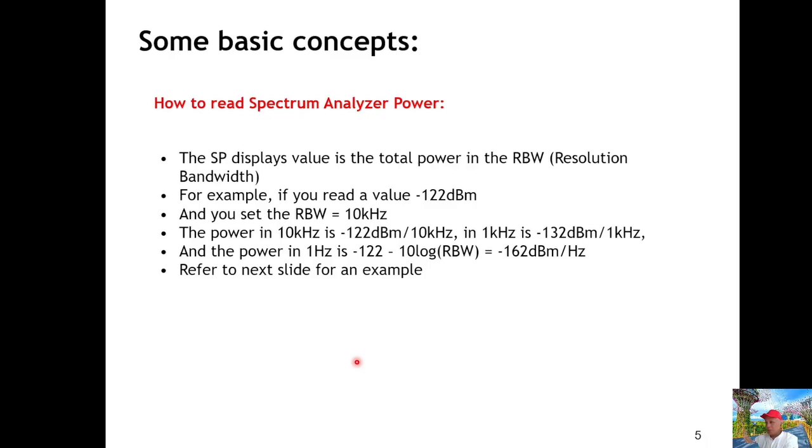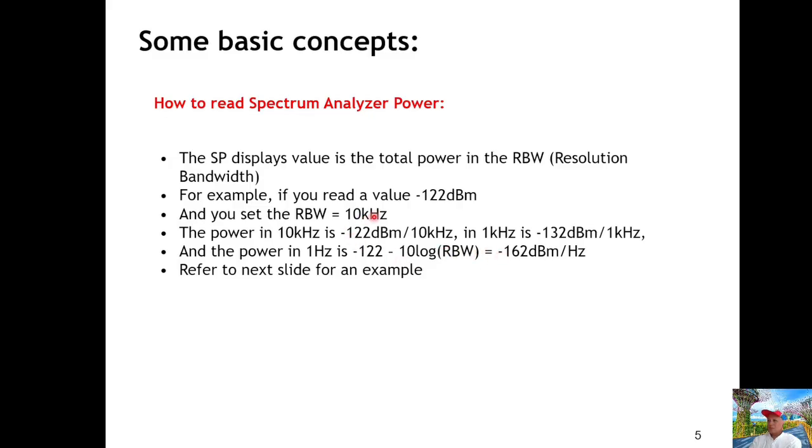For example, if the resolution bandwidth is 10 kilohertz, then the power in 10 kilohertz is minus 122 dBm. If you convert to 1 kilohertz, it is 10 dB lower, so minus 132 dBm per kilohertz. The power in 1 hertz then becomes minus 122 minus 10 log RBW.